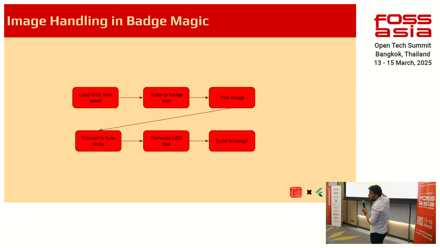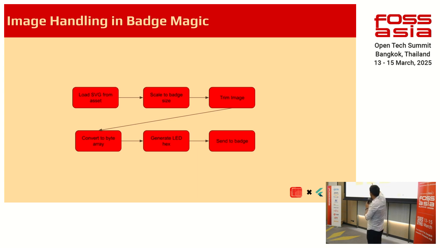This would not be necessary if we used an image that is already in the format or scale of the badge. But we'll probably not have these types of images. We need to support all types of images so that the user can enter any image and we can scale and trim it down to support the badge.